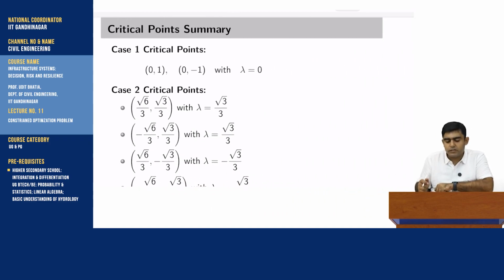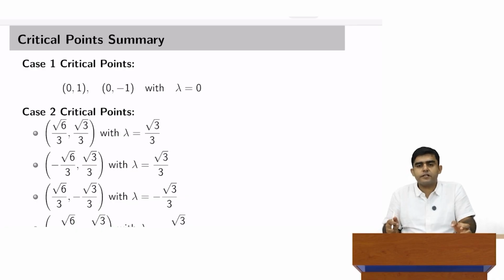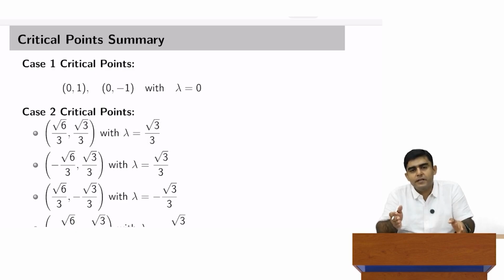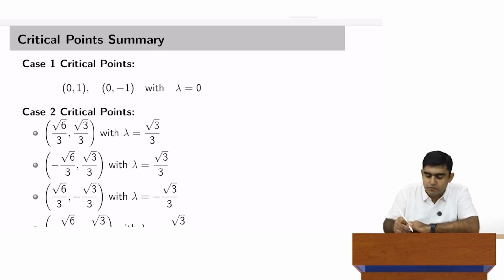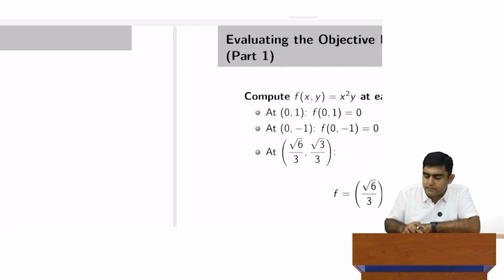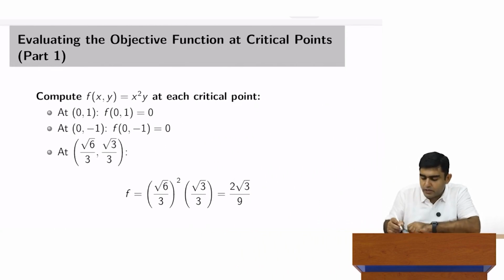So, I am skipping through these particular slides because this is exactly what we did in checking for necessary condition, because even if you are using bordered Hessian or you are actually checking with direct substitution, the necessary conditions are not going to change. Only difference is going to come in the sufficiency conditions. So, we will check for the critical points root 6 by 3, root 3 by 3. This was the point that we already solved for, and even in this case that is what we are going to look at.